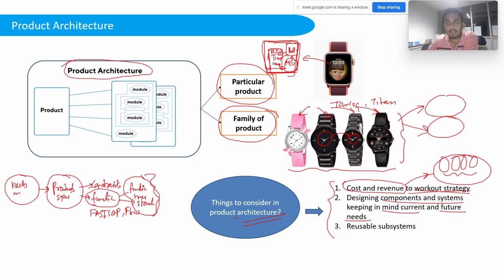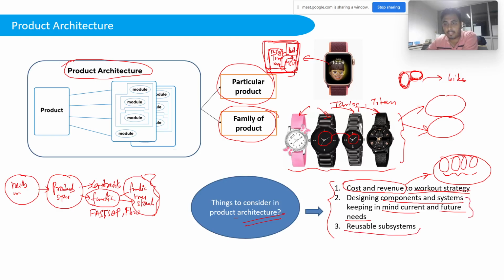People do that: if you consider a complex product like a bike, you may see the console and the same tank used in different bikes. So within their family of products, they use similar subsystems or components. That also you need to decide.